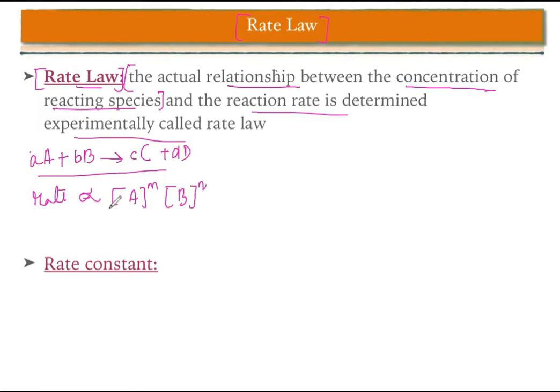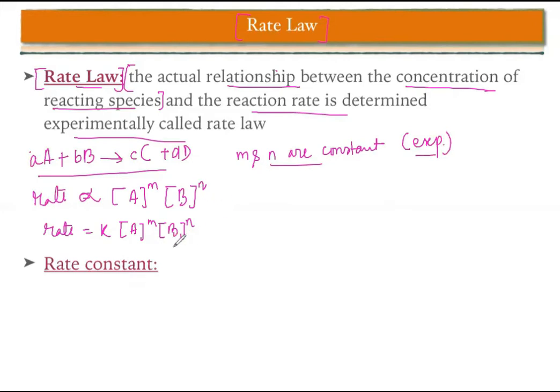As there is a proportionality, we can write rate is equal to some constant times A to the power m and B to the power n. So this m and n are constant values, and that depends upon experiment.